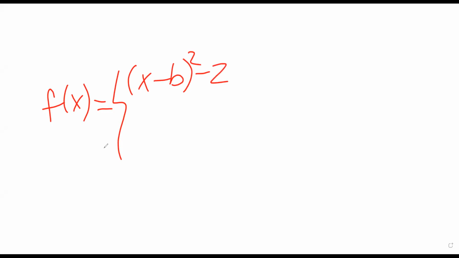So I need only f of x. F of x is: (x minus b) squared minus 2 if x is less than 0, and a sine x plus 2x if it's greater than or equal to 0.